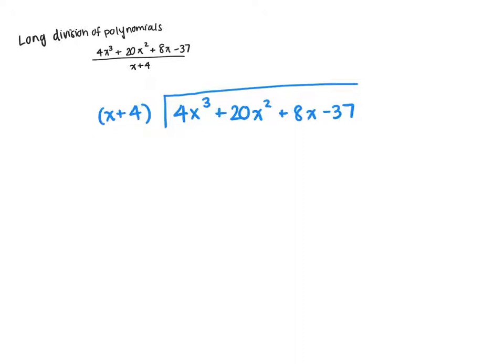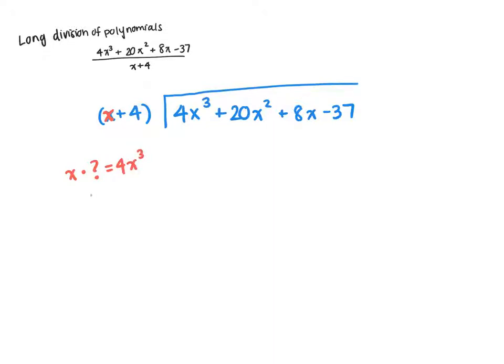So what we're going to be doing is we are actually going to be looking at this x, and we're going to be seeing how many times it goes into each of these terms. So x times what is going to give us 4x cubed?